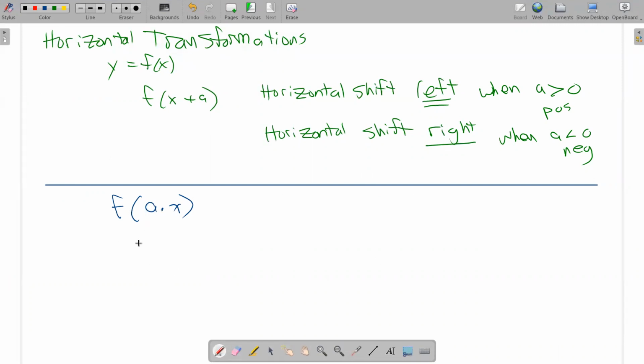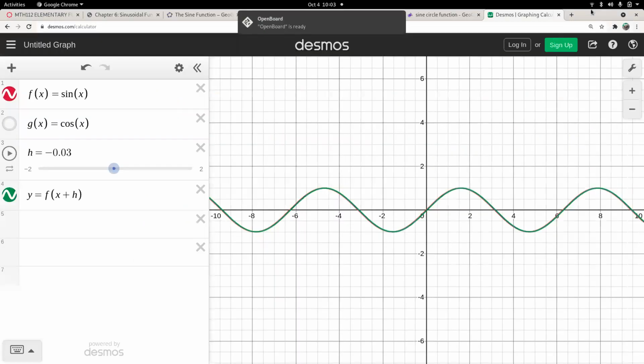So let's play around with that. For example, what would the sine of 2x look like? Usually when you double something, it gets bigger. But remember, when we do things inside the function notation, it's counterintuitive. It goes backwards from what we expect because we're basically solving an equation to figure out what goes on.